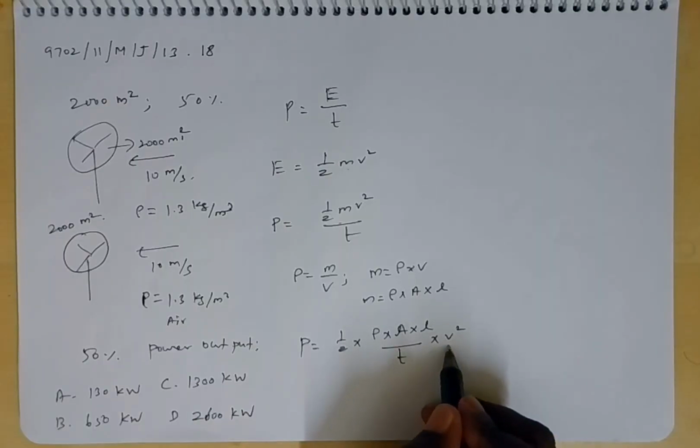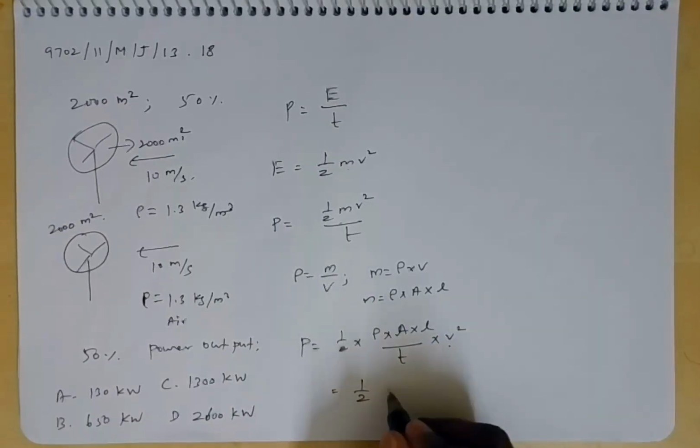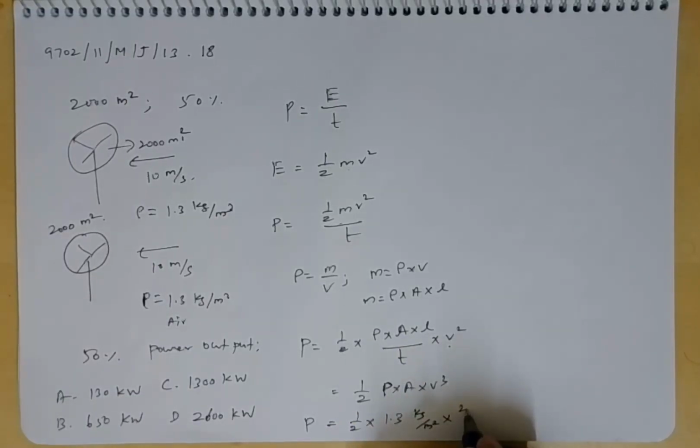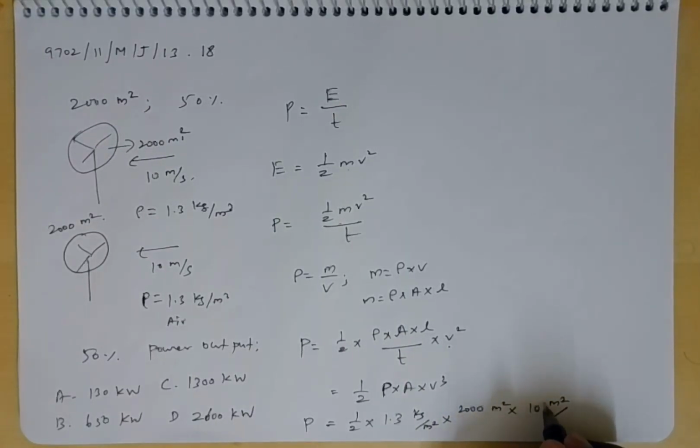Velocity. There is already one velocity square, so you make it velocity cube. So density into area into velocity cube. That's power. So half into density 1.3 kilogram per meter cube into area 2000 meter square into velocity cube, 10 cubed.